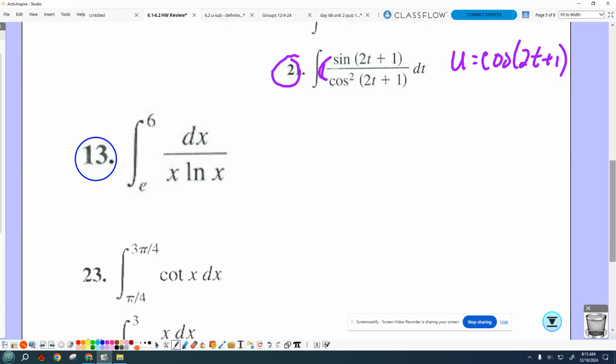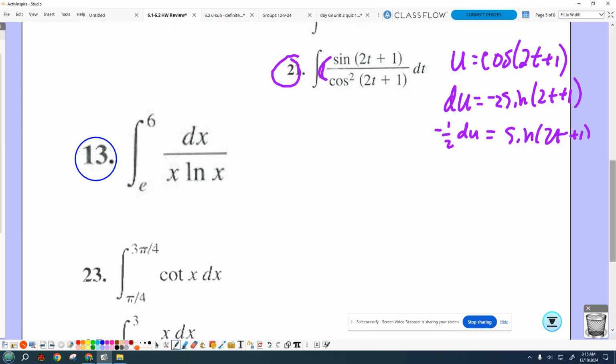If I pick this, du, derivative of cosine is negative sine, chain rule. Okay, so I have sine 2t plus 1 up top. Translating.